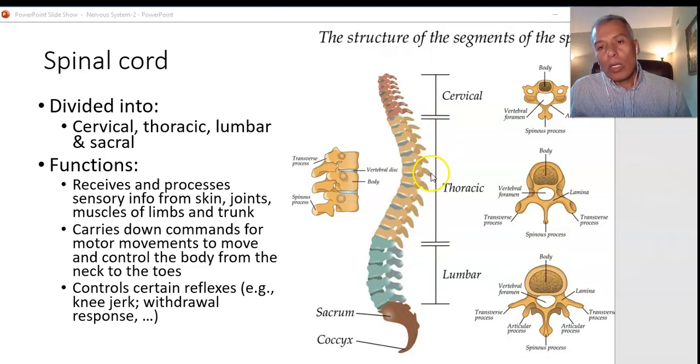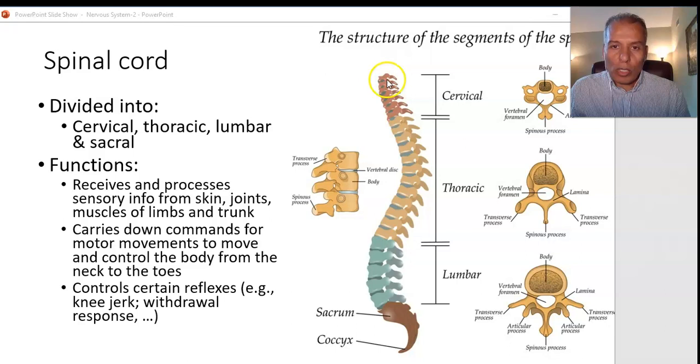Right behind, posterior to the spinous process, there is a canal. In every one of these vertebrae, there's a canal, and that canal is called the spinal canal. It has other names, but this is the canal where the spinal cord is going to go through.